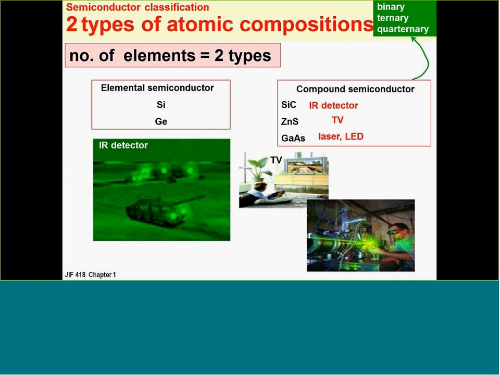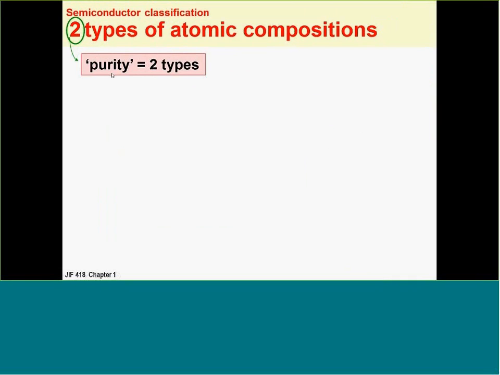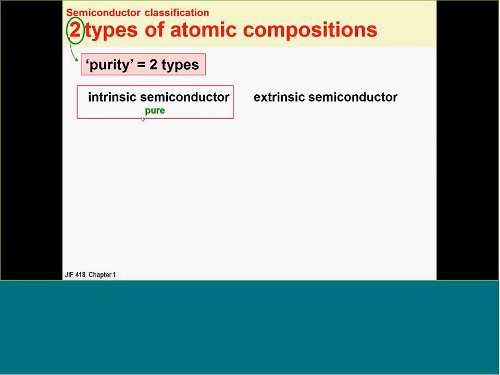So apart from the number of elements, we can also classify it based on the purity of it. I mean, whether it's intrinsic semiconductor or whether it's extrinsic semiconductor. Intrinsic semiconductor means it's a pure semiconductor where it's not being doped.